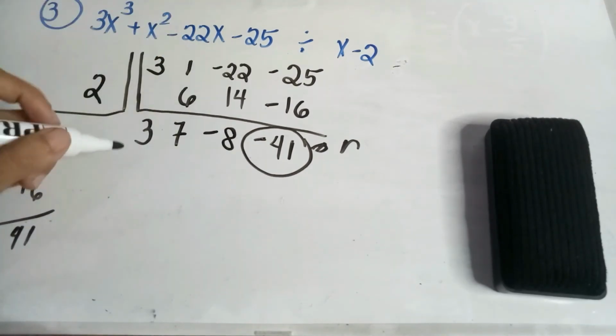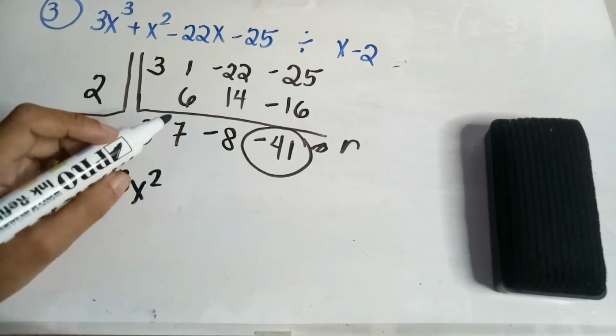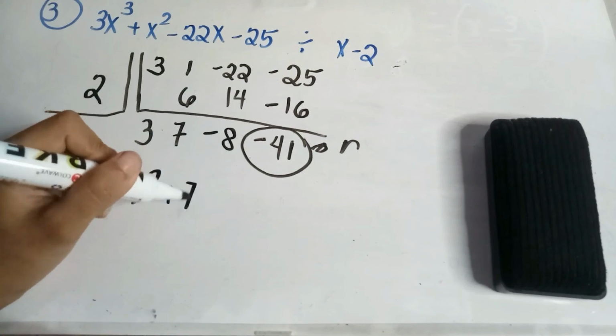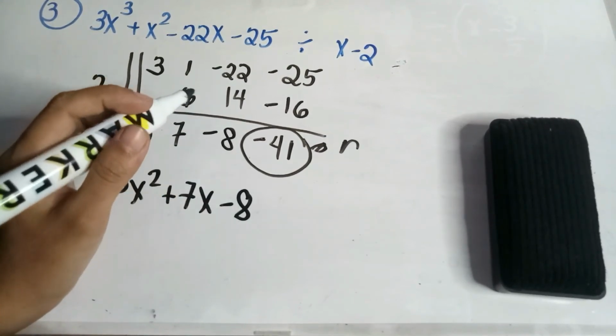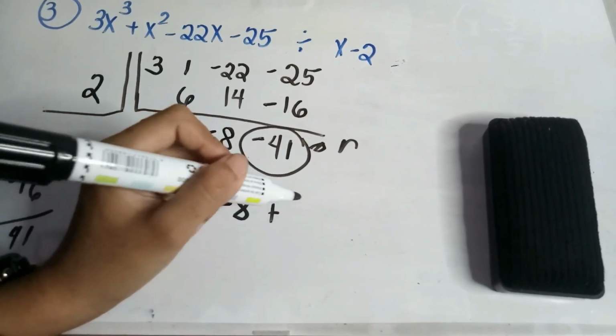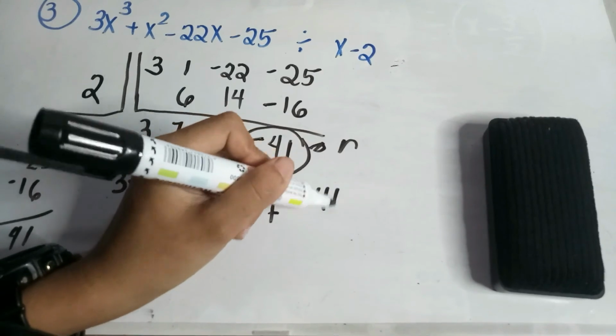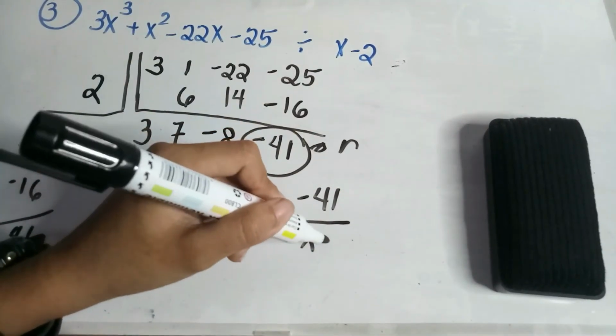So we have 3x squared plus 7x minus 8, then plus negative 41 over x minus 2.